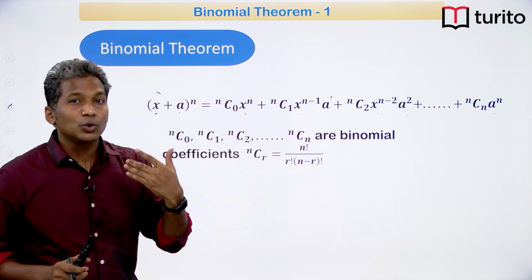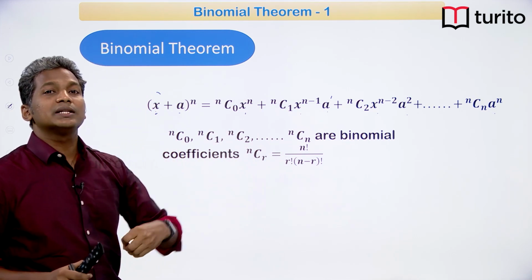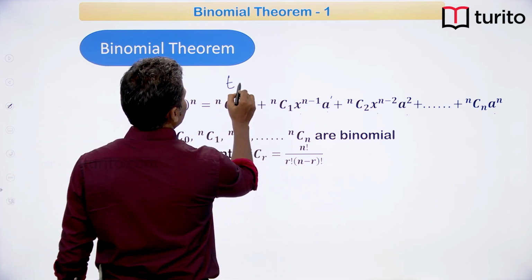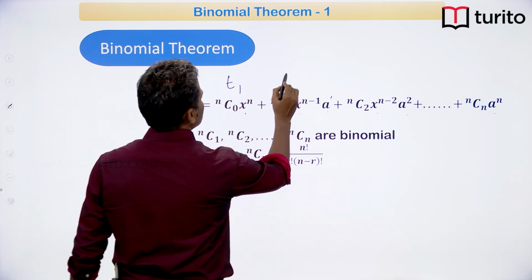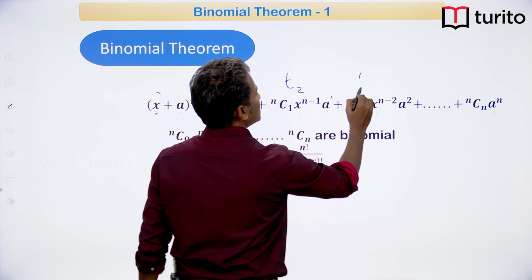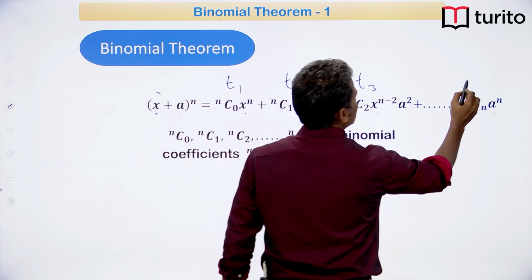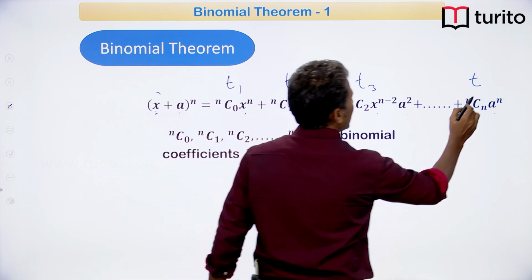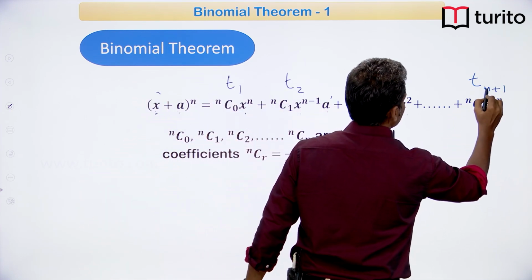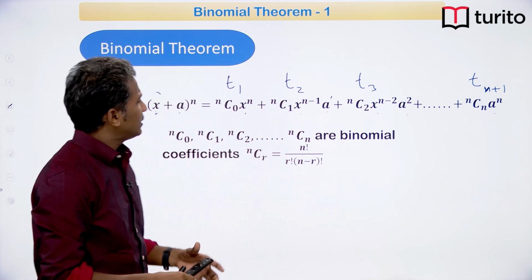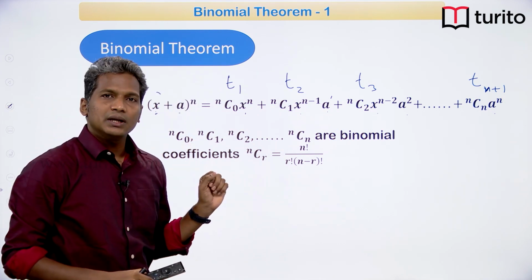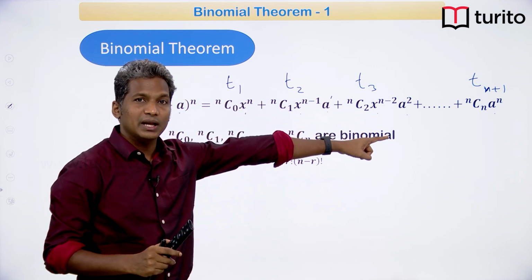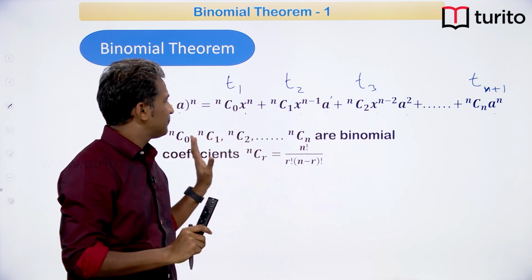Now, what about the total number of terms? What is the pattern of the terms? We can always name the first term as T1, second term as T2, third term as T3, and the last term will be, guess, it is n plus 1. So here in binomial expansion, if the power is n, the total number of terms is going to be n plus 1, we have observed that.